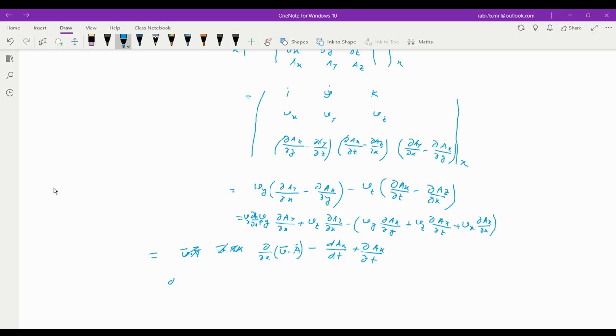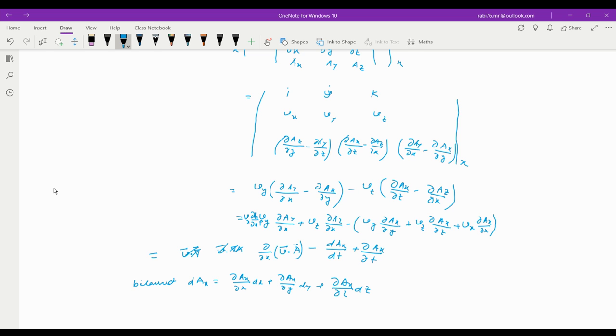So dAx, if Ax is a function of x, y, z, the rule for partial derivative is del Ax del x dx, plus del Ax del y dy, plus del Ax del z dz.